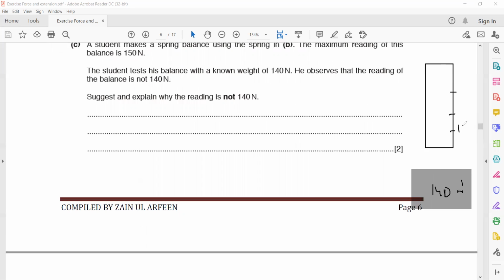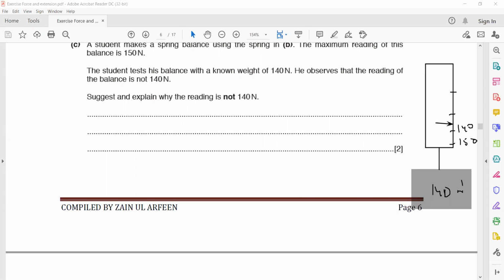The pointer, like here is 140, here 150. So the reading is not correct. It is not on 140, it is on another value. So what could be a reason why the spring balance is not reading 140 accurately?